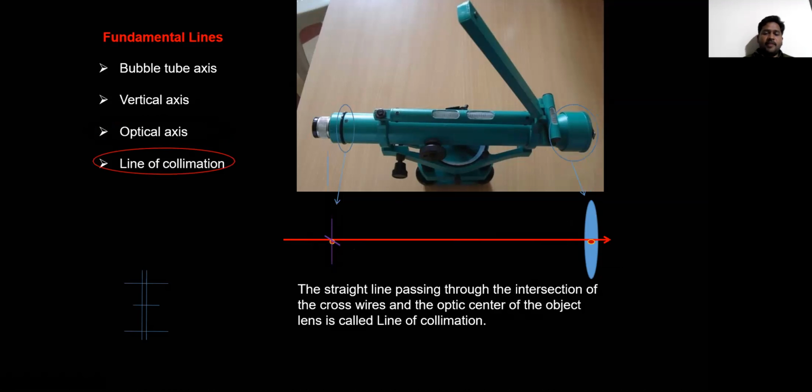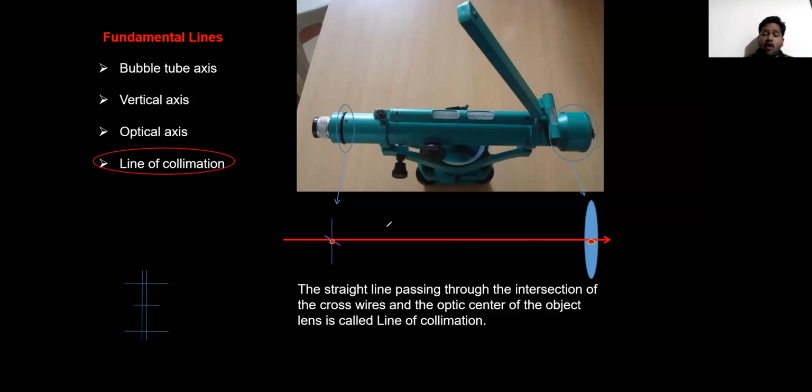Next, line of collimation. What is line of collimation? This line of collimation is very, very important. The straight line passing through the intersection of the cross wire or hair and the optic center of the object lens is called line of collimation.